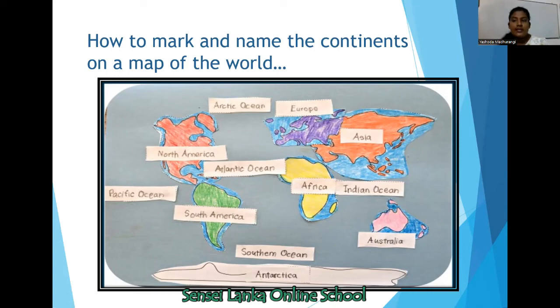So on that surface, you can paste them. It will look like a world map. Then you can paste the labels. You can use some double tape and make a very beautiful world map where the continents are marked and named.